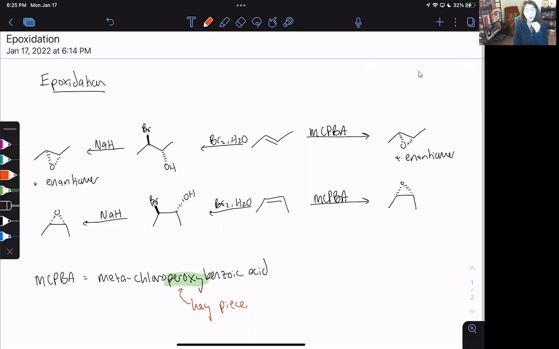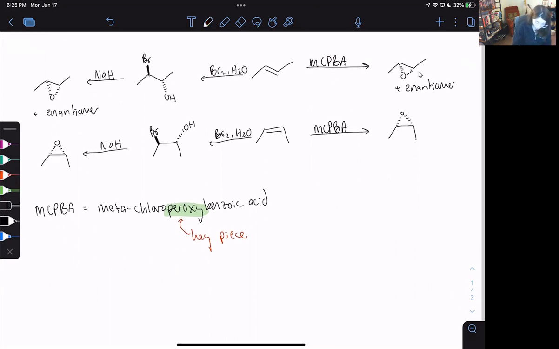Okay, you can pretty much use any peroxy chemical to do an epoxidation reaction. MCPBA is just the one that people use all the time, and it's nicely commercially available. It's pretty stable. So MCPBA is usually the one that people will grab, but you can use any peroxy acid and it will do an epoxidation reaction in most cases.